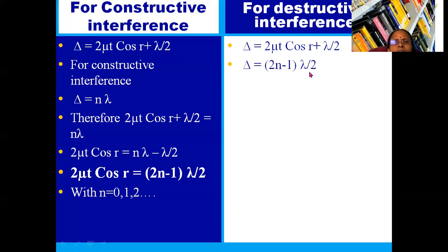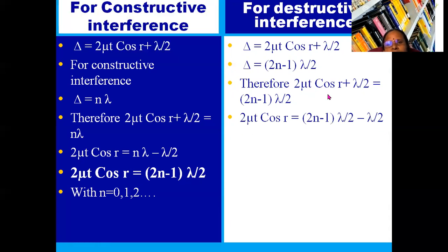And for destructive interference, delta should be equal to 2n minus 1 lambda by 2 according to the theory of interference. Therefore, what we have? These two are equal. 2 mu T cos R plus lambda by 2 must be equal to 2n minus 1 lambda by 2, so as to have the dark fringe or destructive interference.